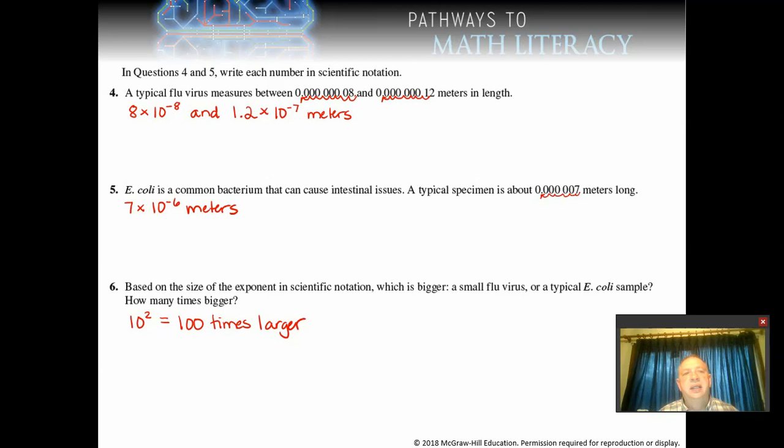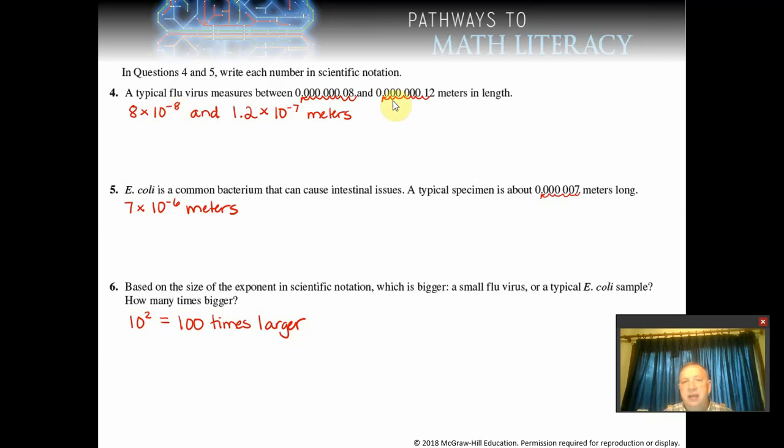Okay. So here a typical flu virus measures between 0.000000008 and 0.000000012 meters in length. And I want to represent those in scientific notation. So here's the markings for getting it over 1, 2, 3, 4, 5, 6, 7, 8 to get it in standard position.